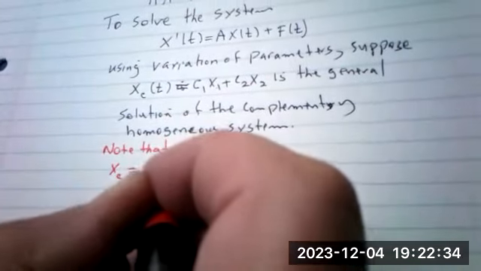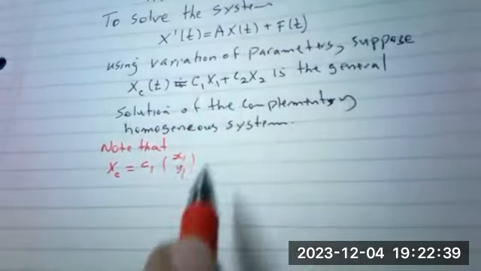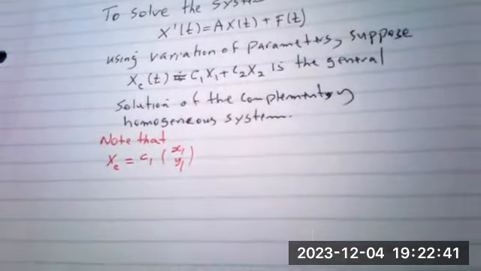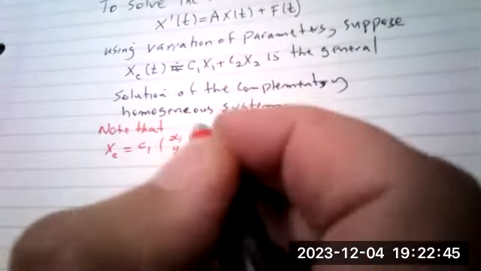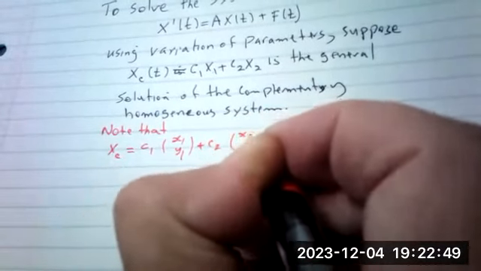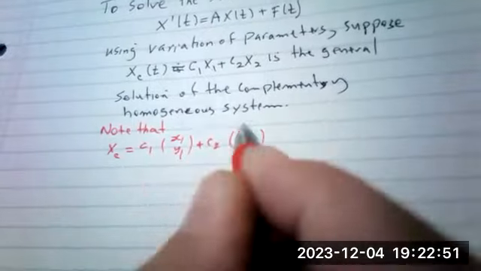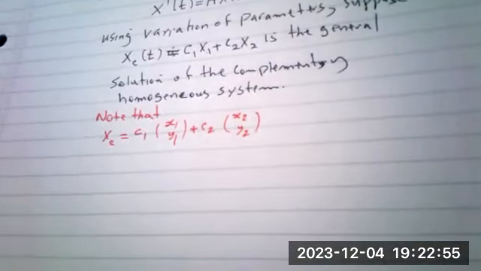So it's going to be c1 times x1, y1. Remember, the solution would have the components x1 and x2. And this is going to be c2 times x2, y2. When you substitute x1 and x2, this is the way we write the final answer.